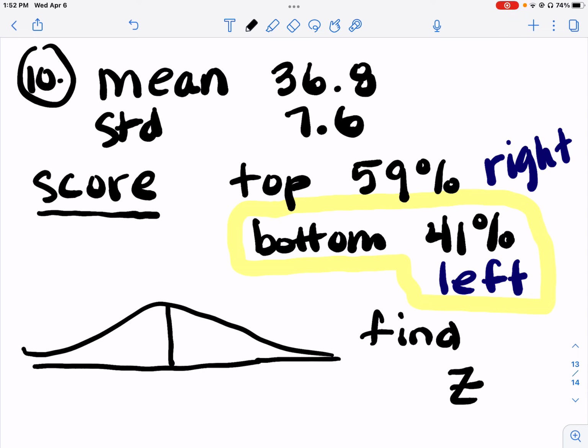41% is less than 50%. So we need to find the z-score with an area of 41%, 0.41. So we're in our chart.